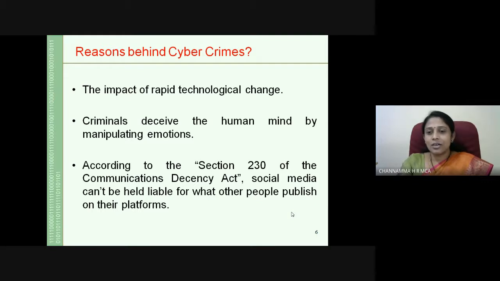So according to this section, social media can't be held responsible for what other people publish on their platforms. Social media are not responsible. So who is going to be responsible? Is it the government? Or the common man? The public? We can see there are ethical people and unethical people.